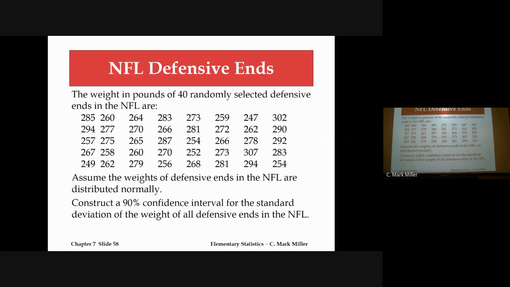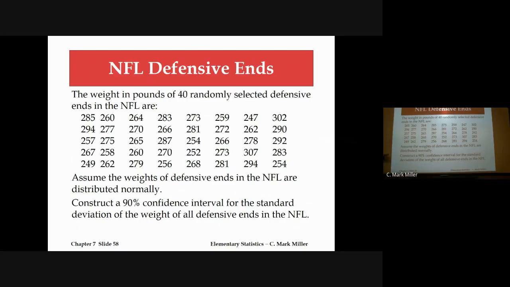If you took the weights of all females on campus, they would probably be pretty close to normally distributed. The weights of all males on campus, probably too. The weights of all men on the men's soccer team, they're probably going to be close. Not in every case, but close.